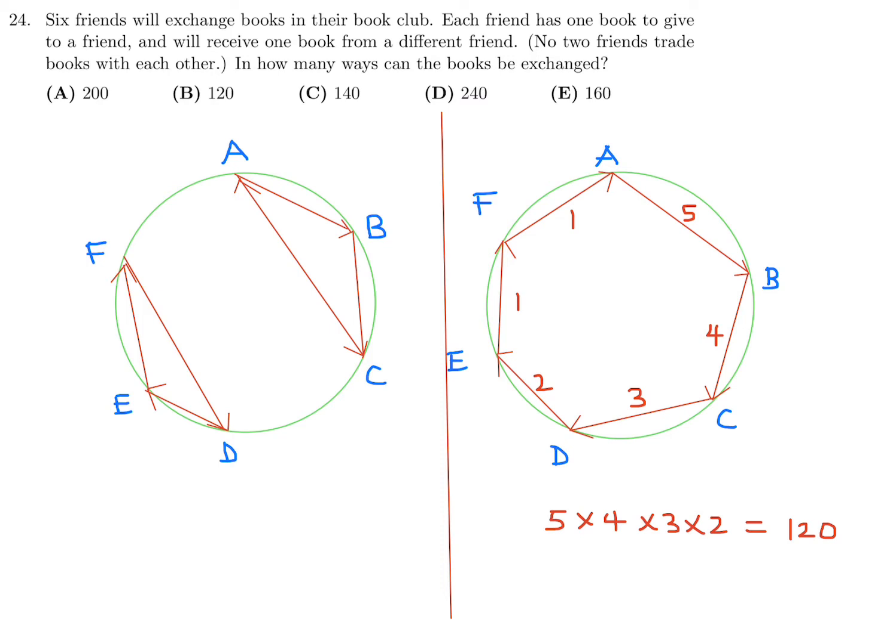Now, I know that's a little confusing. You say, well, I thought you said they were separate. They are. But what I'm saying is that this B could have been any of these letters. I just grouped it like that. So A could have given a book to B, or could have given a book to C. But instead of B, I could have put a D. You see what I'm saying? Right here, this is B, but it could have been a D. So that means that A could have given a book to D also.